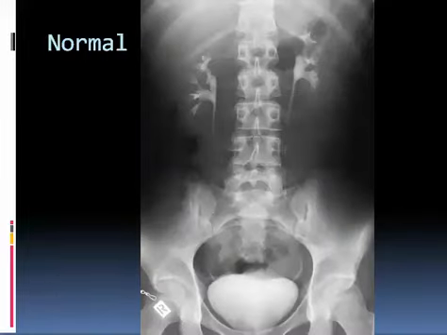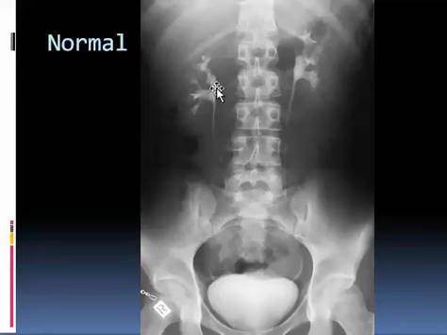This is the normal appearance of the intravenous pyelogram, where the kidneys are almost symmetrical even in branching, and usually we have 18 to 20 small, what we call minor calyces, and then these drain into major calyces, which can be divided into upper, middle, and lower.